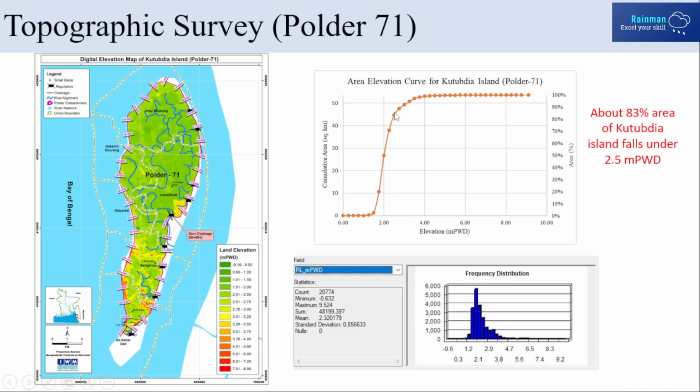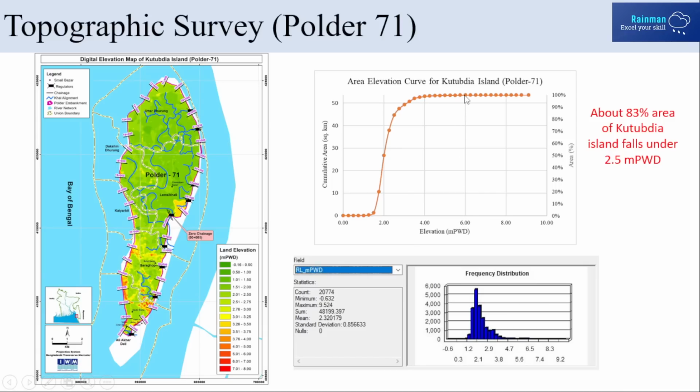Let's say 2.5. Here area is 40 square kilometer. The total area is about 50 square kilometer. So 40 square kilometer is under 2.5 meter PWD, and so you can check any elevation.